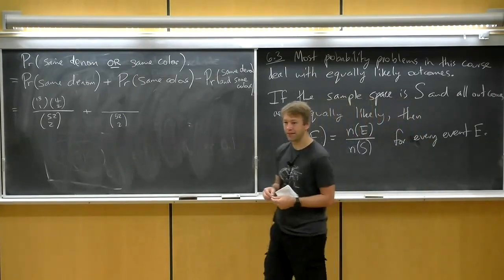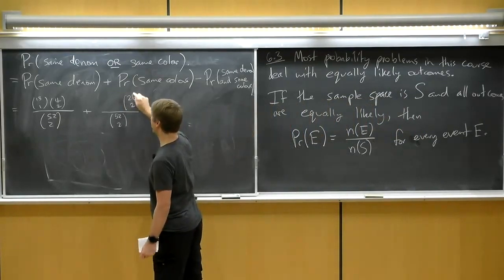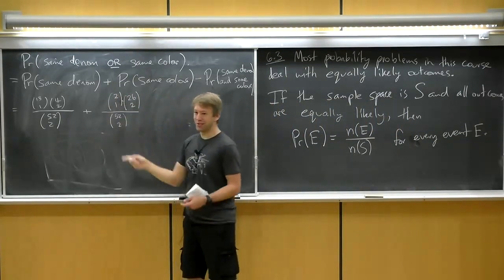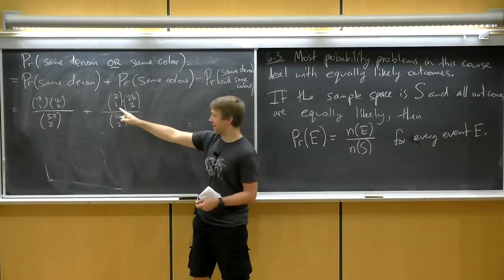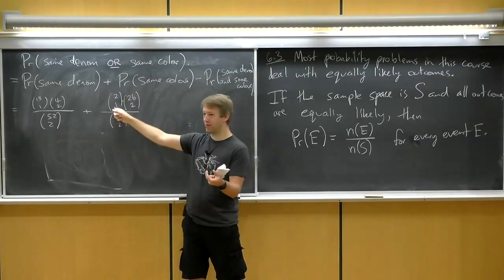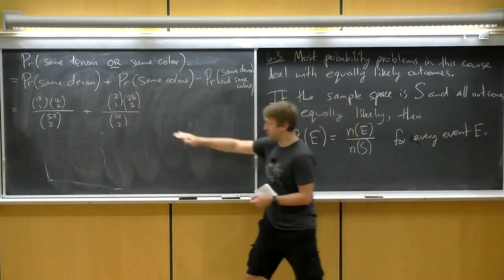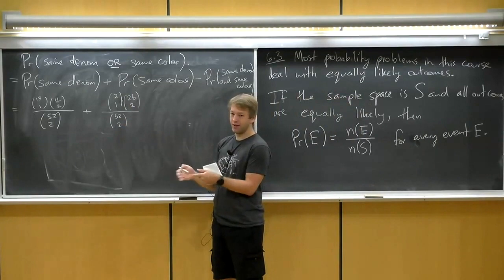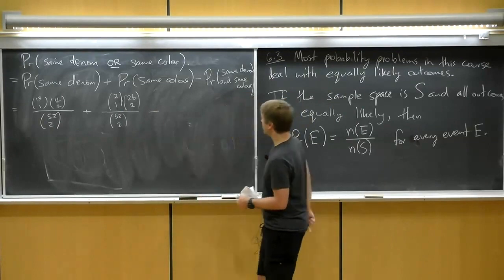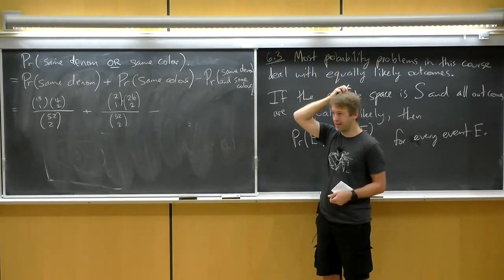There's one little bit extra because you also have the choice of which color you're picking, red or black. But once you pick the color, 26 choose 2 is the right thing, because I've got 26 cards of that color and I pick 2 of them. Okay, and then we need to do, how many ways can I pick the same denomination and the same color?